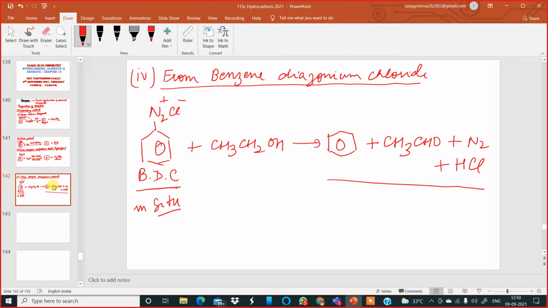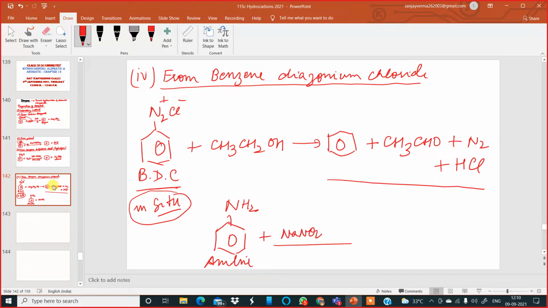Remember, benzene diazonium chloride is prepared in situ by reacting aniline with sodium nitrite at a temperature of 273 Kelvin, that is 0 degrees Celsius.